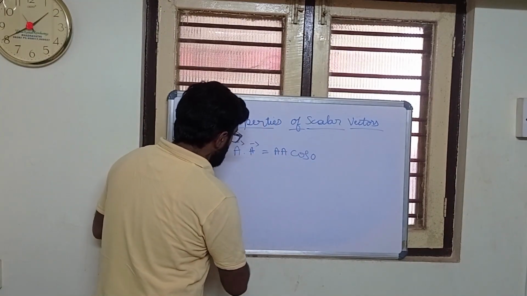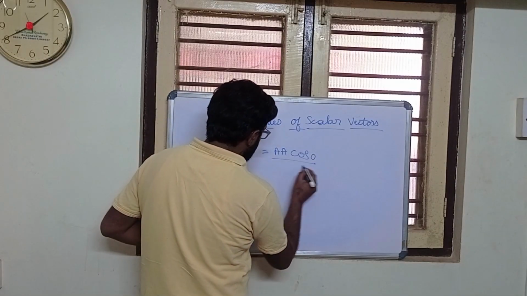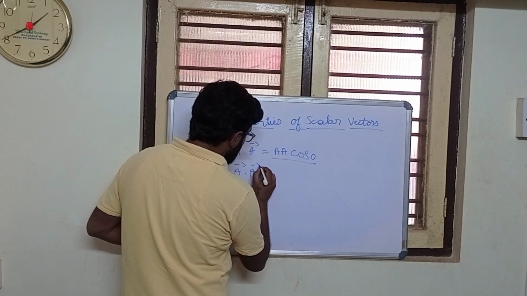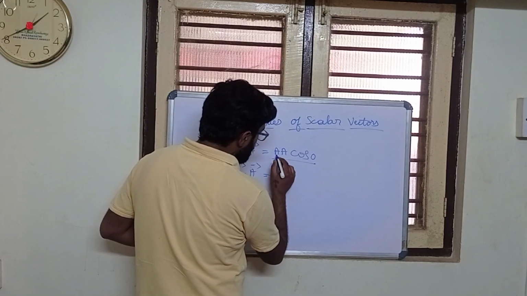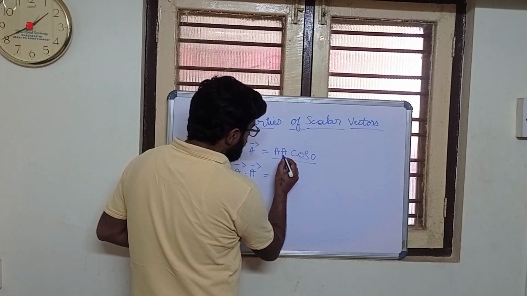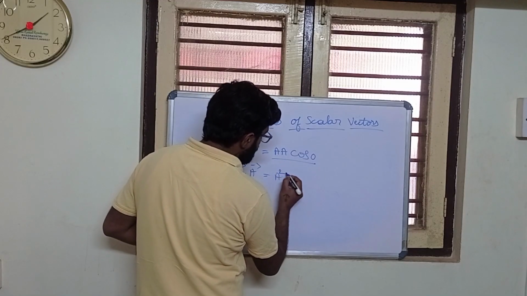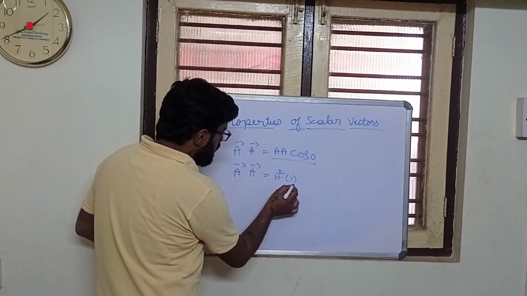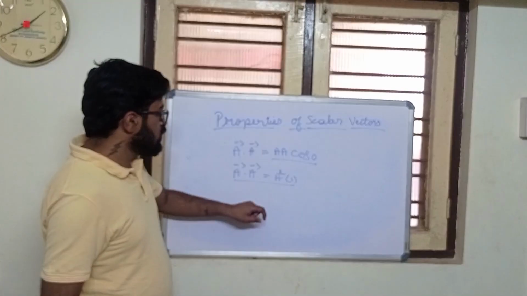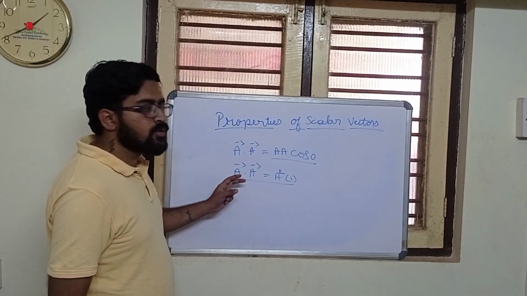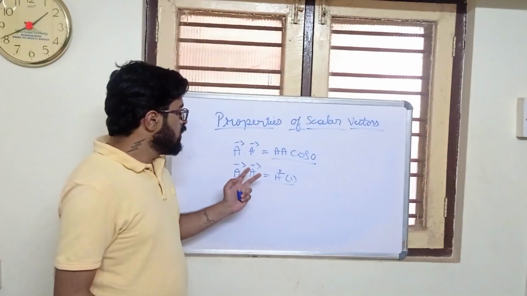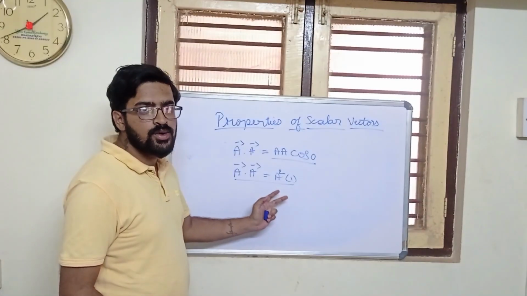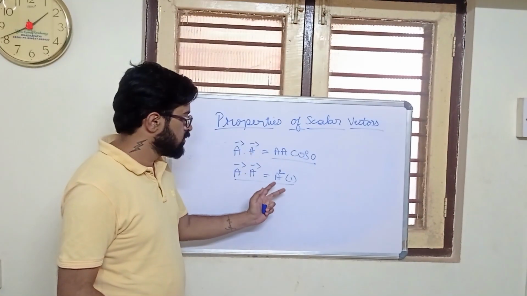So if we simplify this, we get vector A dot vector A equals A square. A into A, same magnitude, square, and cos of 0 is 1. So when you take the dot product of two same vectors, you get the square of the magnitude of the vector.